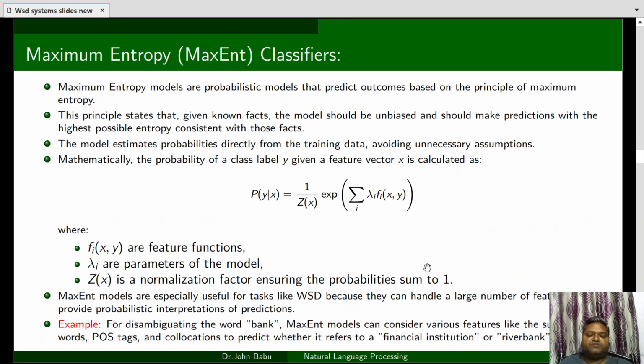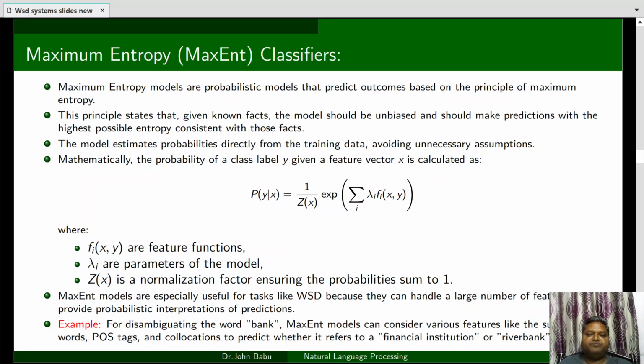Another classifier used in word sense disambiguation is the maximum entropy classifier, which is a probabilistic model that predicts outcomes based on the principle of maximum entropy. The principle here is, given known facts, the model should be unbiased and should make predictions with the highest possible entropy consistent with those facts.